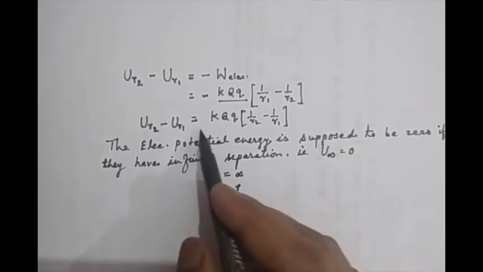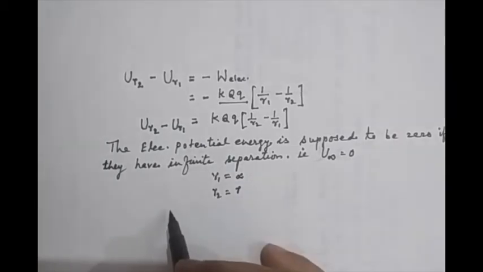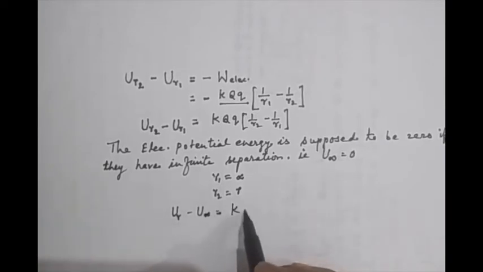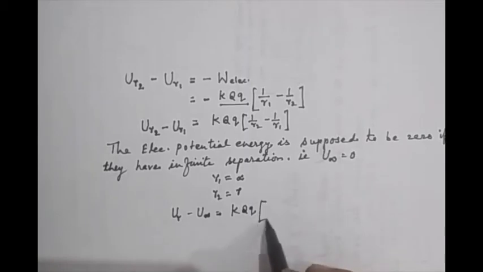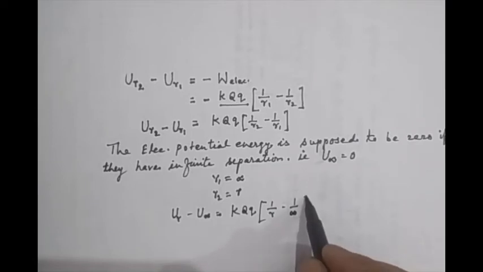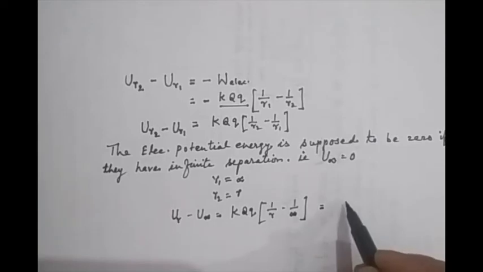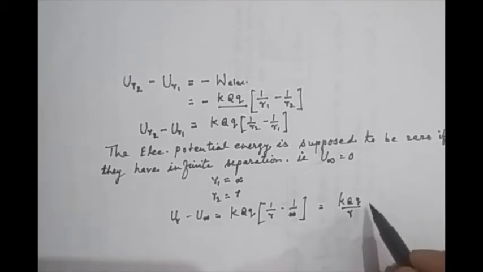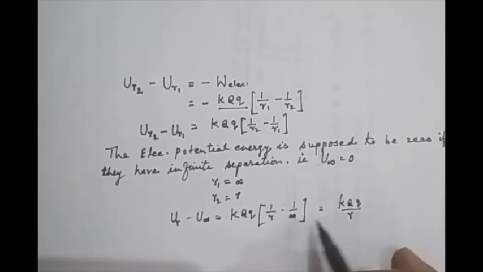Putting these values in this equation, we get U(r) minus U(infinity) is equal to K Q q times 1 by r minus 1 by infinity. The value of 1 by infinity is equal to 0 and we get K Q q by r. This is the formula of electric potential energy.